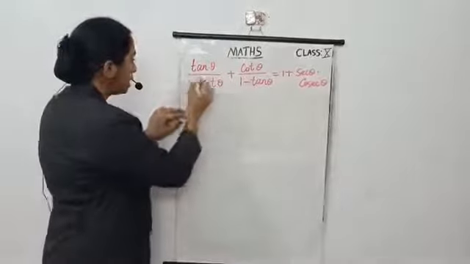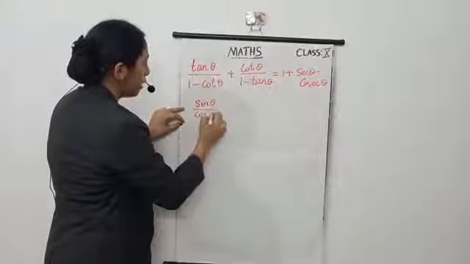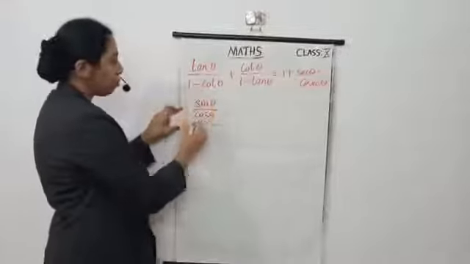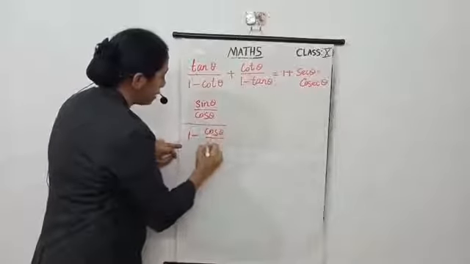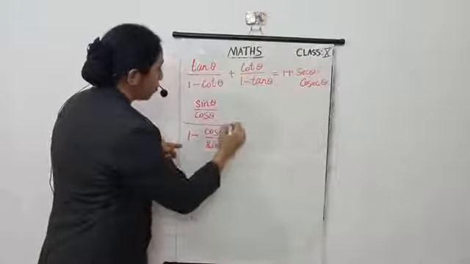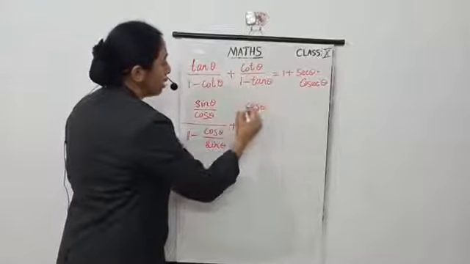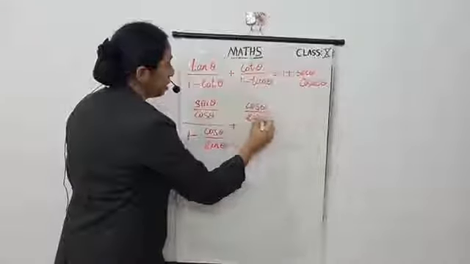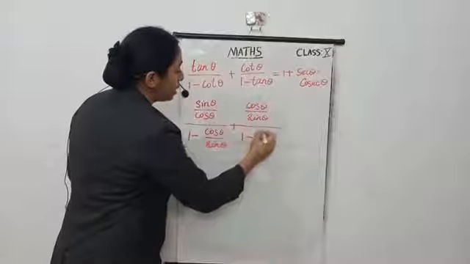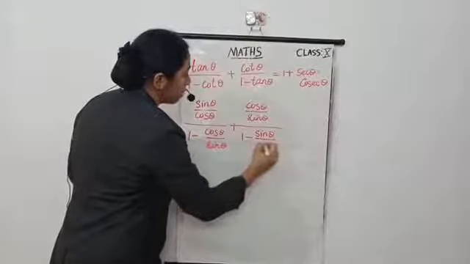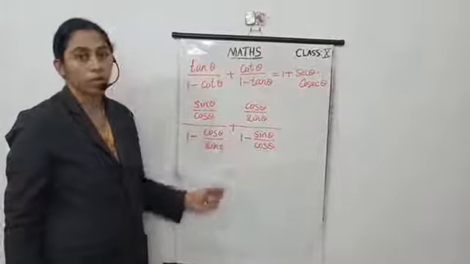Tan theta is sin theta by cos theta, divided by 1 minus cot theta, which is cos theta by sin theta, plus cot theta, which is cos theta by sin theta, all divided by 1 minus tan theta, that is 1 minus sin theta by cos theta. So we write this question in terms of sin theta and cos theta.